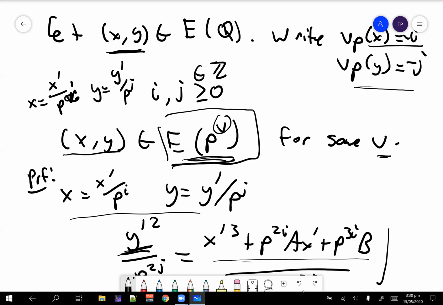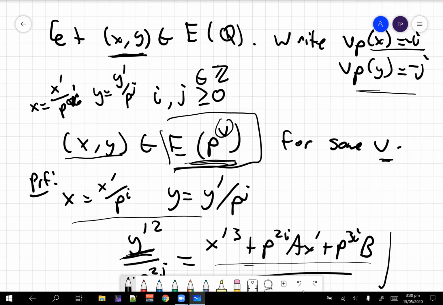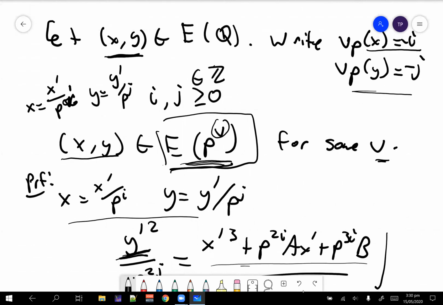If you know anything about the p-adic topology, I don't know much about it, but the points get bigger and bigger. They get closer to the point at infinity, so to speak. And then that means they never go back to the original point; they do not lie inside the integer points on the curve. So that's some motivation of what we're doing, and that's the first result we need to get into the actual proof.